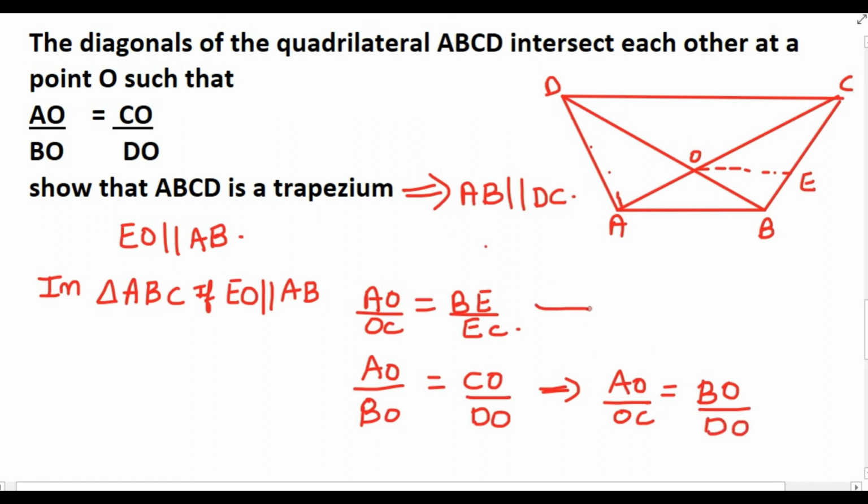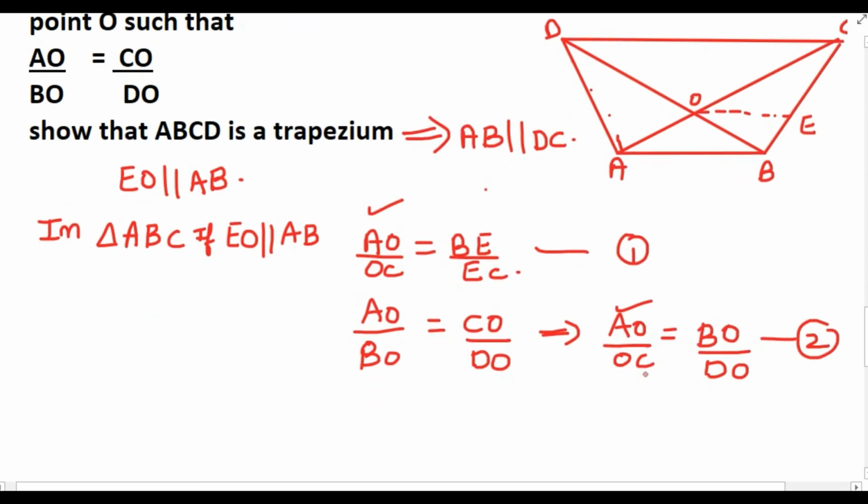Now if you give this equation as 1 and this equation as 2, we can see that the left sides of these two equations are equal. Therefore, the right side will also be equal. So I can write BE divided by EC is equal to BO divided by DO.